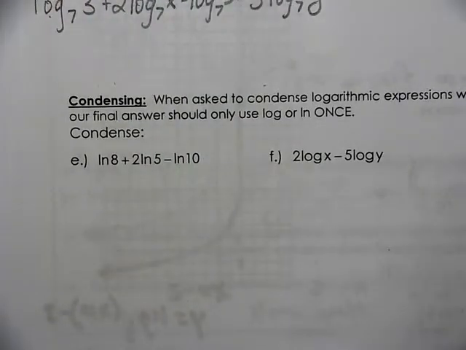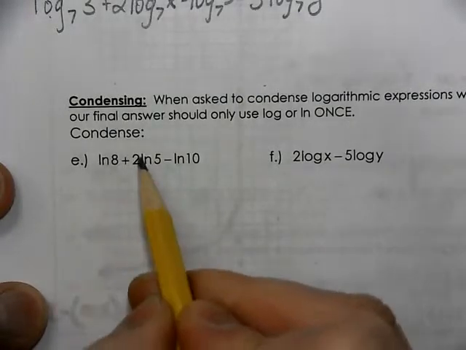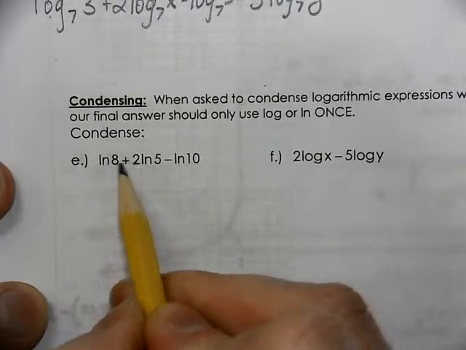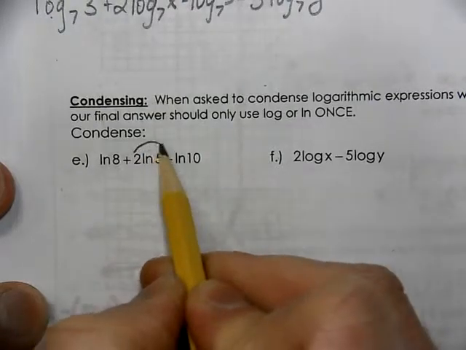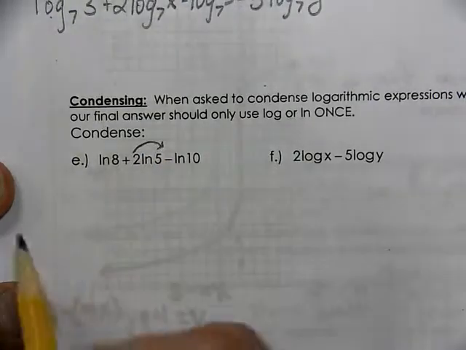Now we're going to do something called condensing. We're going to bring it back together. We're going to write it with a single logarithm, only one log. So you might notice that there's a number in front of this logarithm. It's going to go as the exponent.